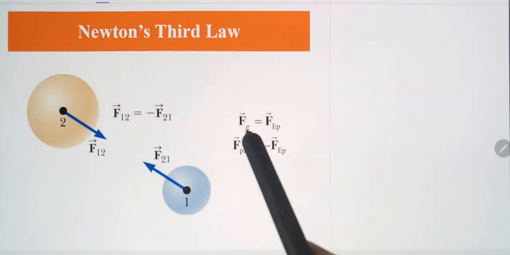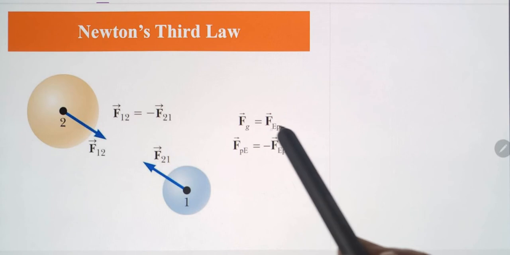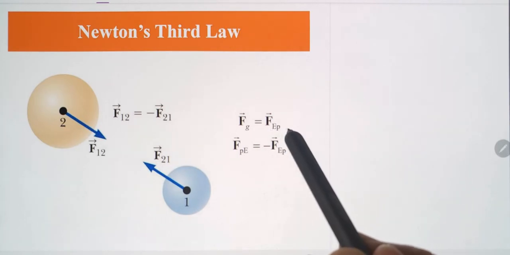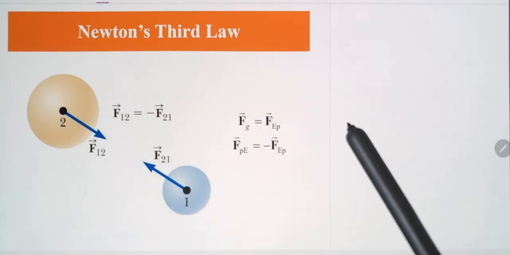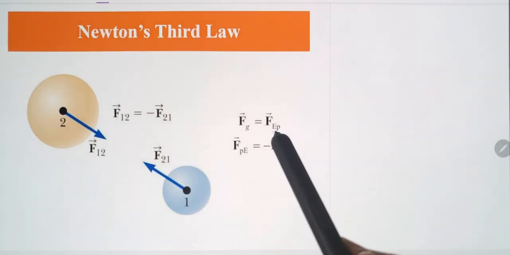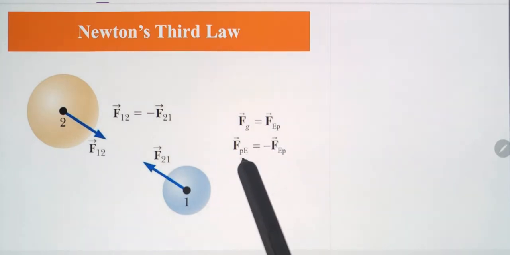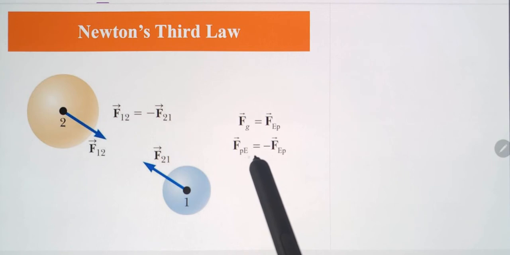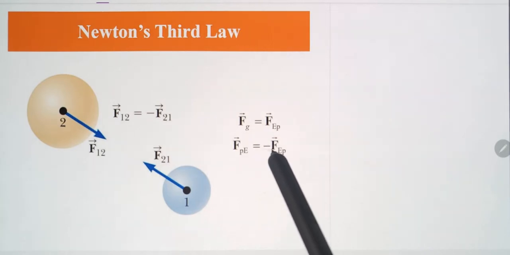Now, what is FG, the weight? The weight is the force applied by Earth on a projectile. If it is a free fall or projectile motion in 2 dimensions, that is the force of Earth on the projectile. And FPE is the force of the projectile on Earth, and it equals the minus of the vector.